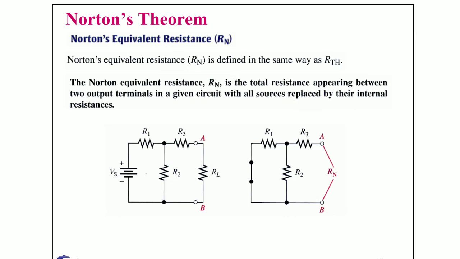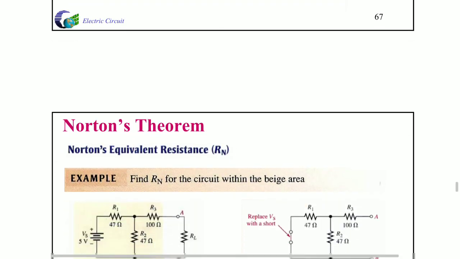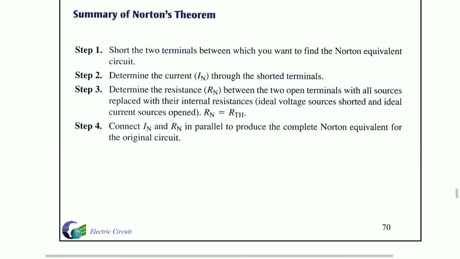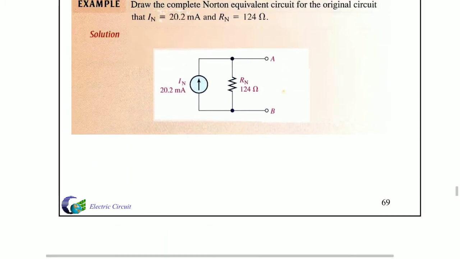That is the Norton's equivalent resistance, which is in parallel with the Norton's current. So this is the procedure for Norton's theorem.